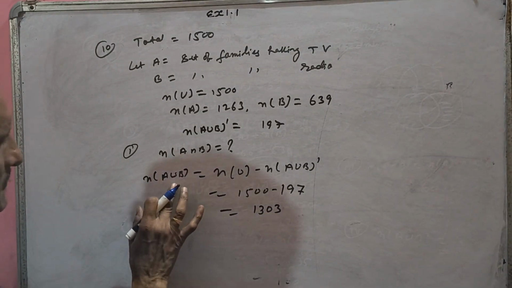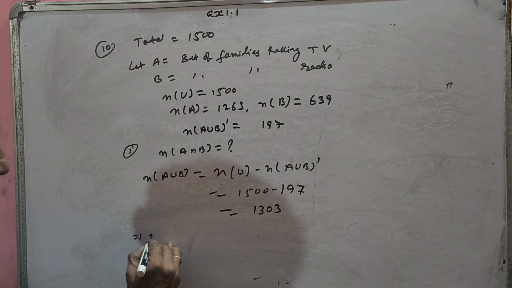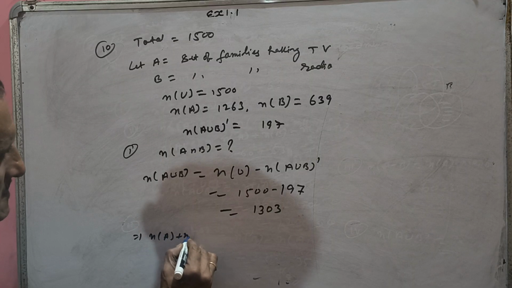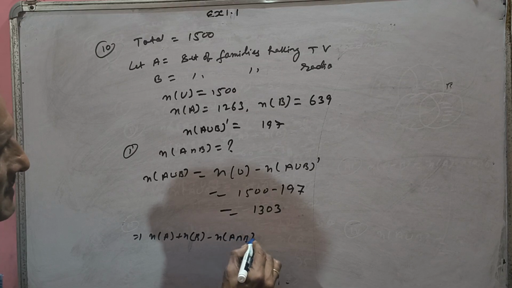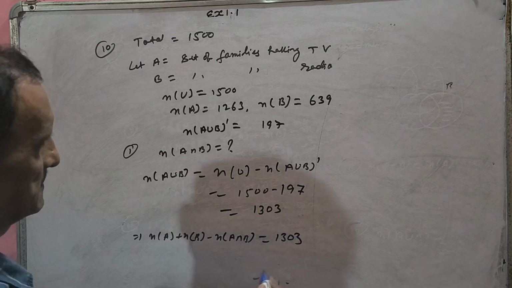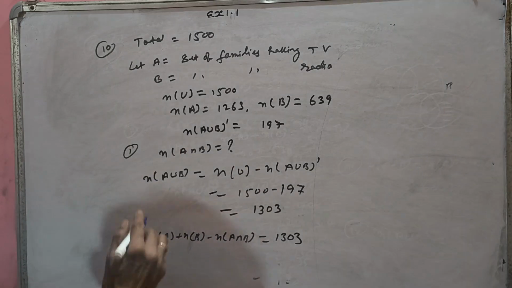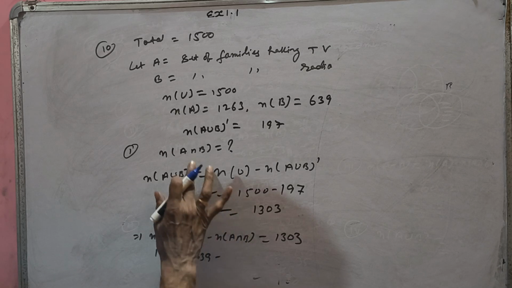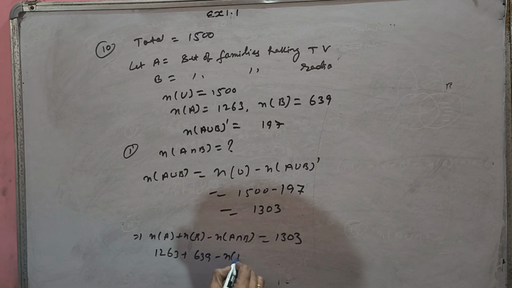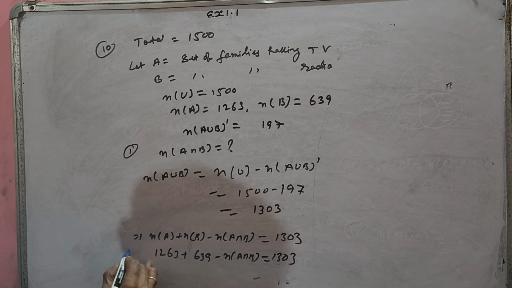Now you have the formula. What is the formula? n(A) plus n(B) minus n(A intersection B), and this is already calculated. n(A) is given 1263, n(B) is given 639. This we have calculated only. So n(A union B) equal to 1303.